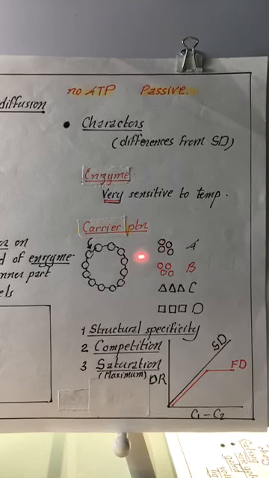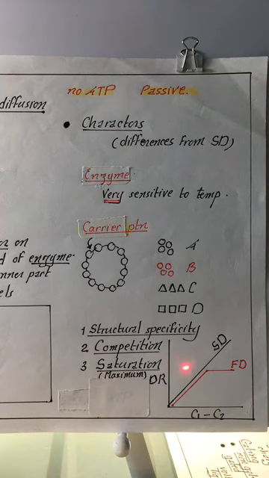So the presence of a carrier protein leads to three characters. Structural specificity, only molecules with a certain structure can utilize this carrier protein. Competition between substances using the same carrier protein. And even if one substance is utilizing the carrier protein, the diffusion rate will reach a maximum when all sites are saturated.